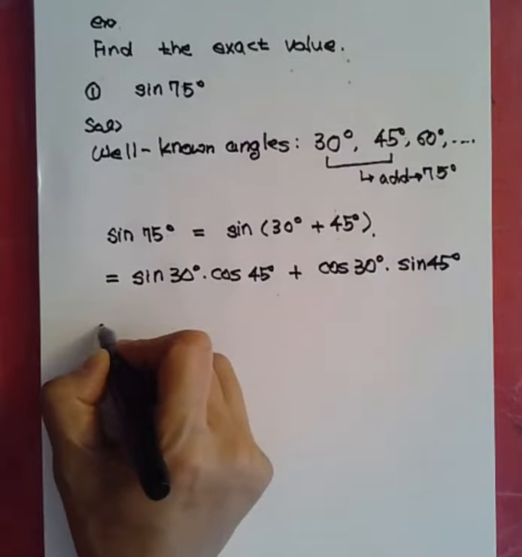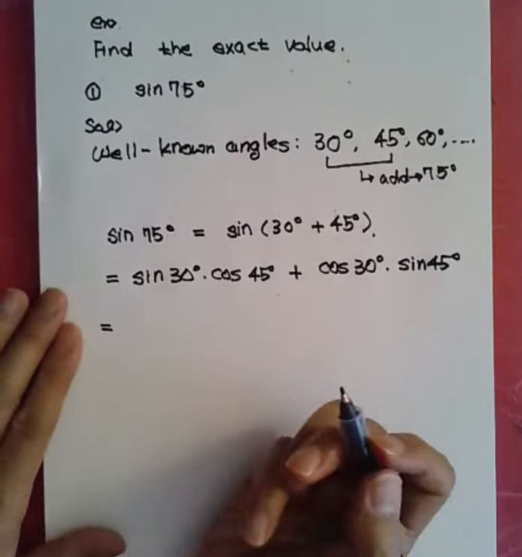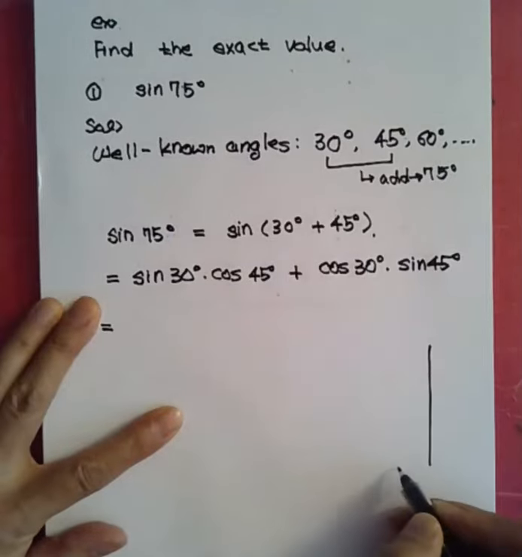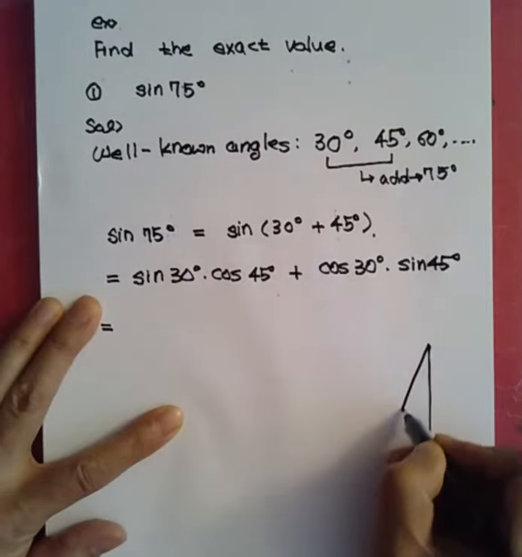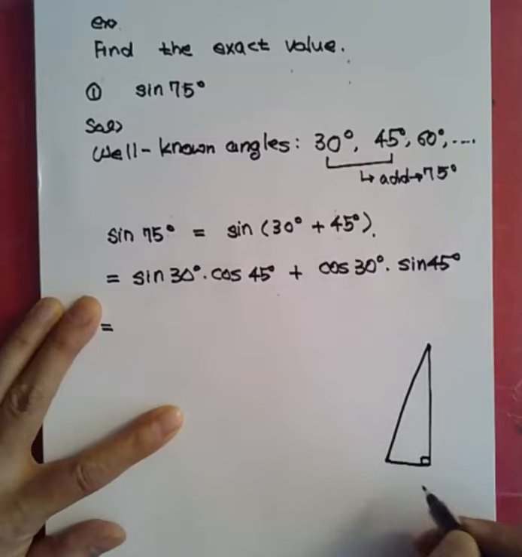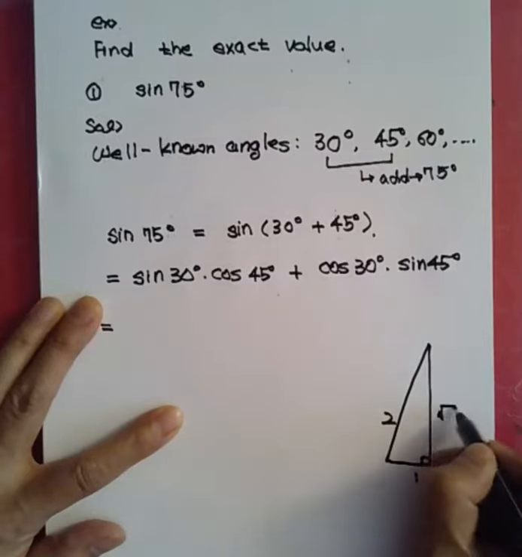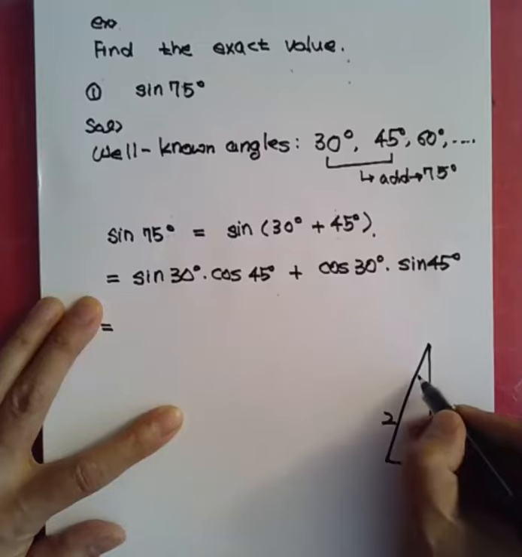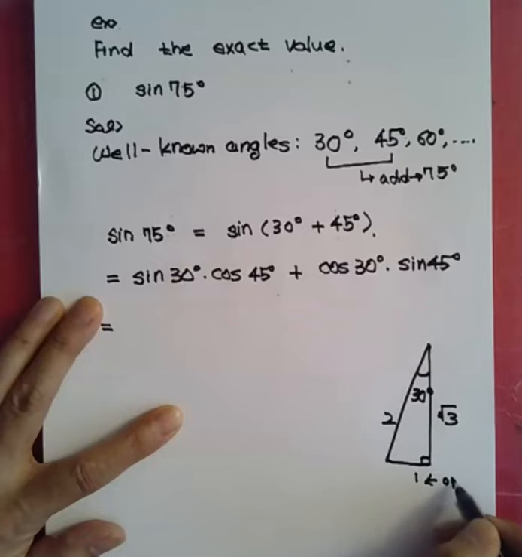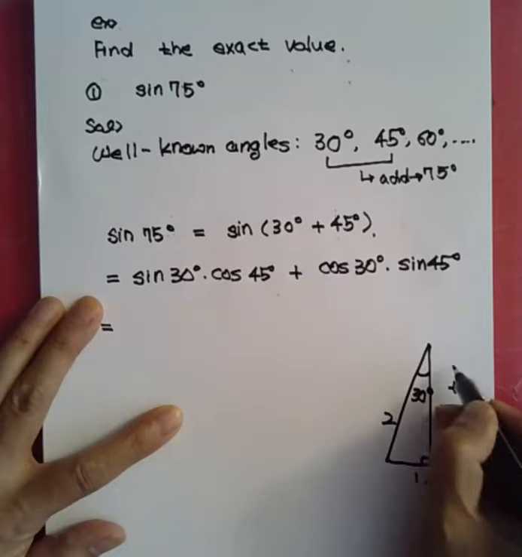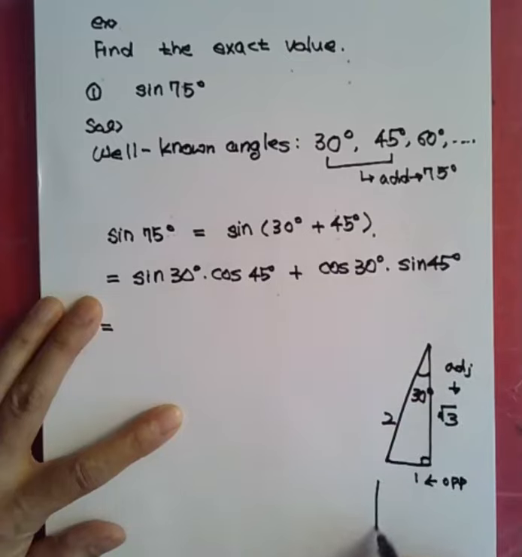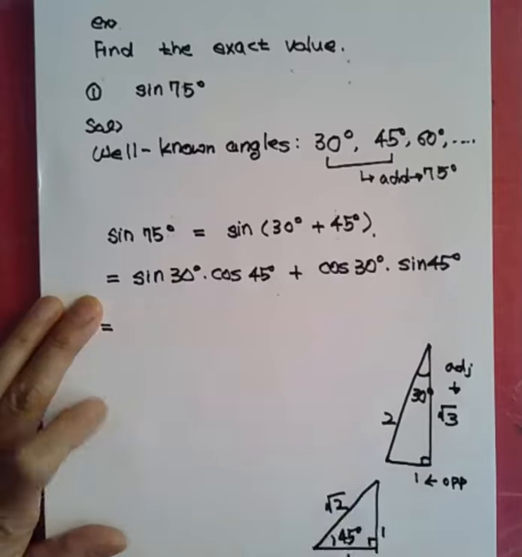So we have two triangles. A 30, 60, 90 degree triangle. This is 30 degrees, and this is opposite, and this is adjacent. And a 45, 45, 90 degree triangle. This is 45 degrees, and the sides are 1, 1, square root of 2.